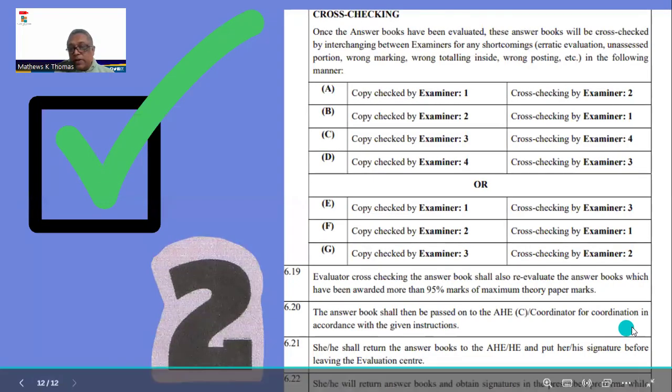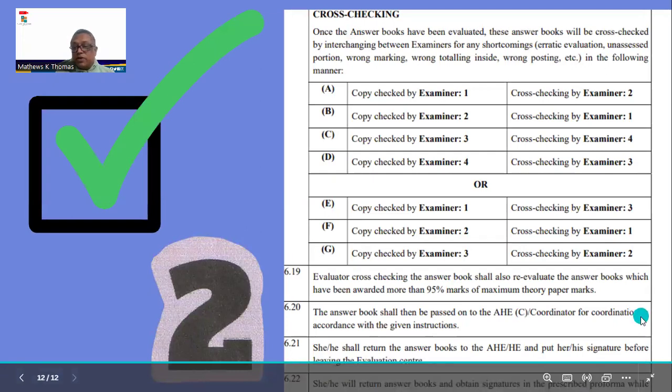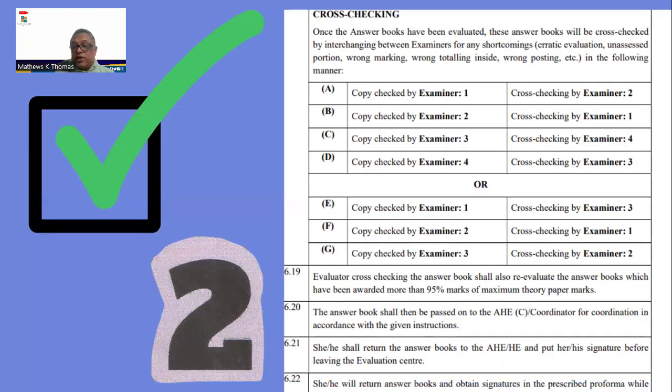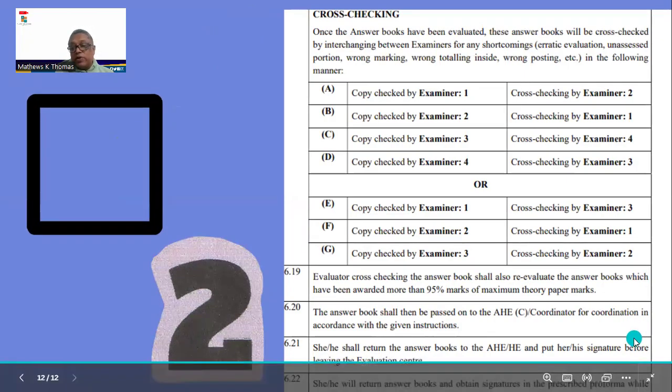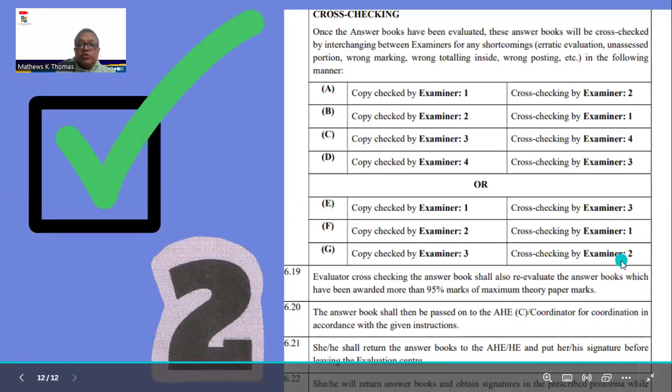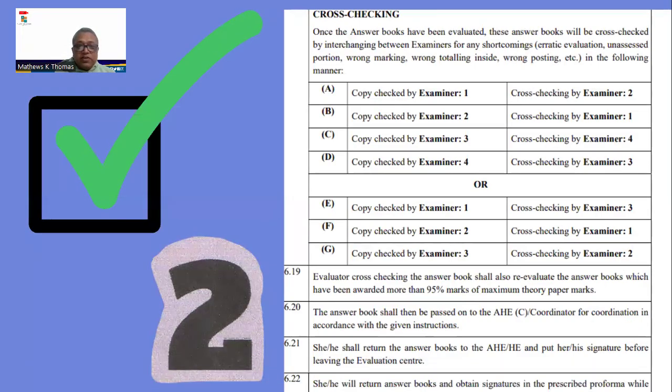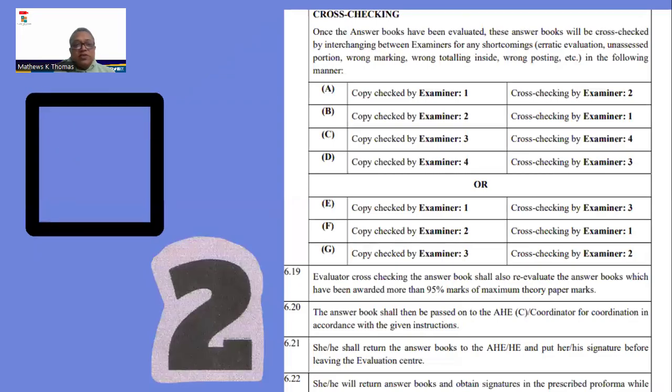You cannot take them back. The examiner is allowed to leave at the end of the 8 hours, when the 20 papers are checked thoroughly, and the head examiner will give the approval for you to leave. So this is what the checking is all about, basic checking facts that first-time evaluators have to take care of.